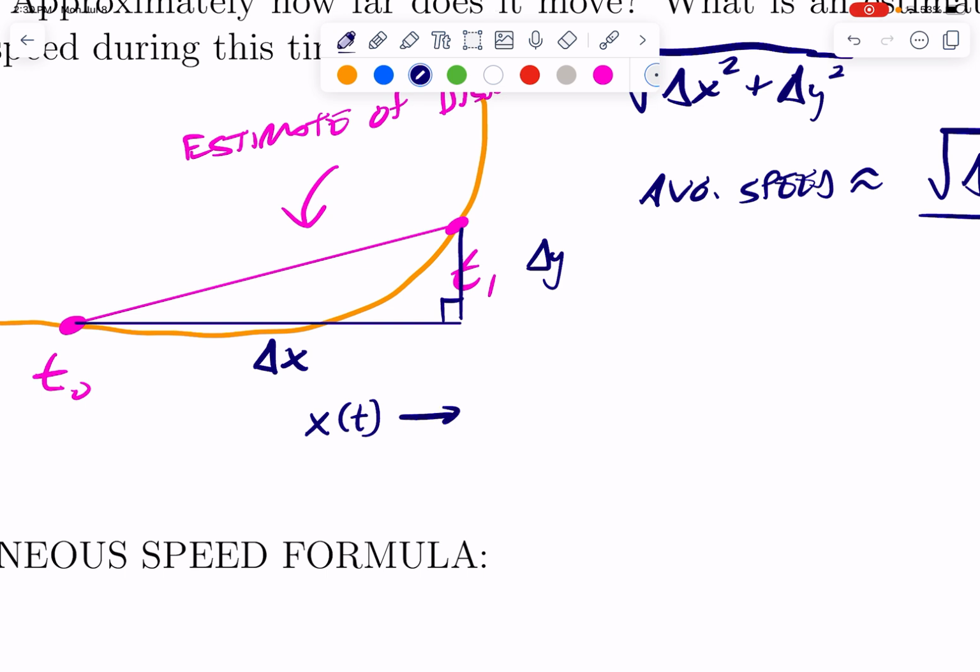The instantaneous rate of change for x would be x prime of t, but that would be approximately the same as the change in x over the change in time. This is the average rate of change just for x, and this is the instantaneous rate of change just for x. And we can do the same thing with y.